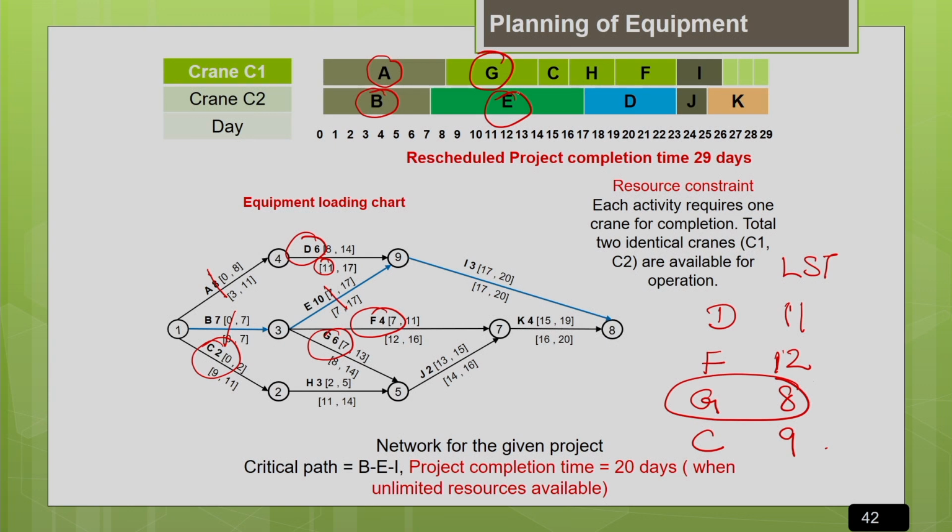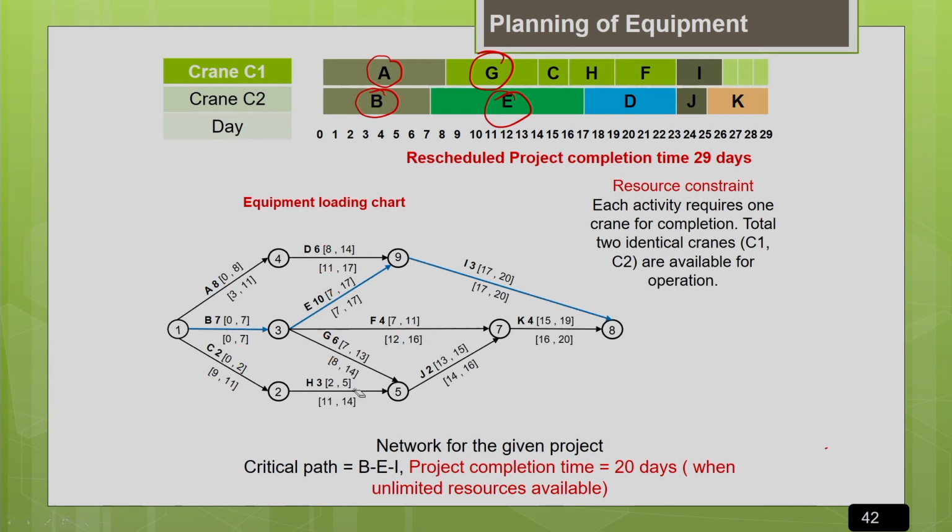Now after G, which are all the eligible activities we have to see. Let us mark the activities which are completed. A is completed, B is completed, G is completed and E is completed.